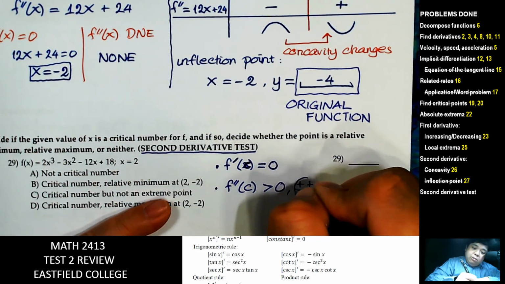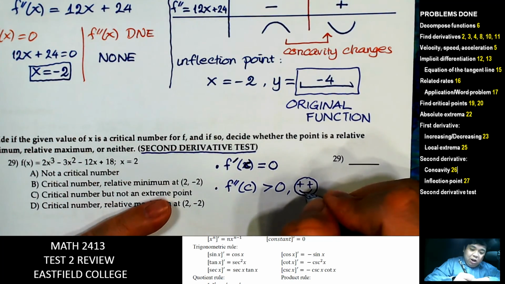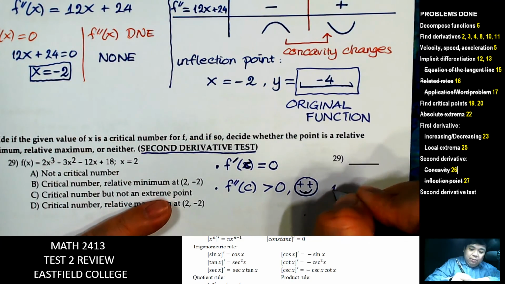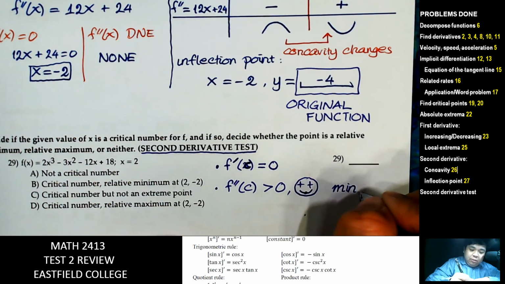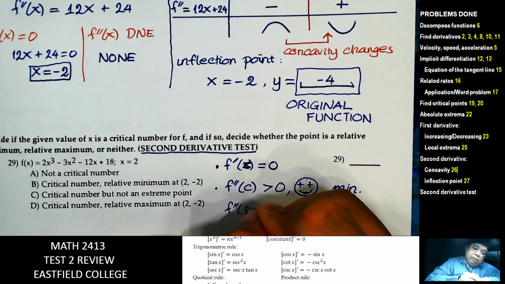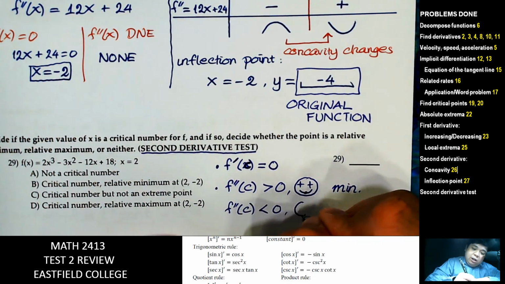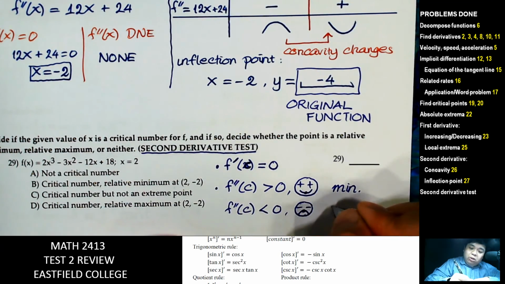it is concave up, and if it goes up like this, we have the lowest point, so that would be a minimum. If the second derivative is less than 0, it is concave down, and that's the highest point, so it will be a max.